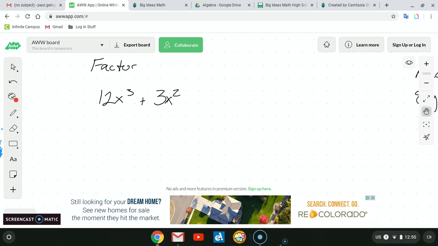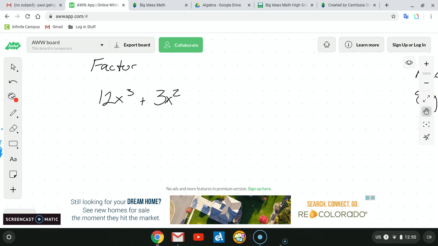The first factoring that we're going to do is factoring using the GCF, or the greatest common factor. Right now I've got a binomial with two terms: 12x to the third plus 3x squared. What we're going to use to factor this is the greatest common factor.